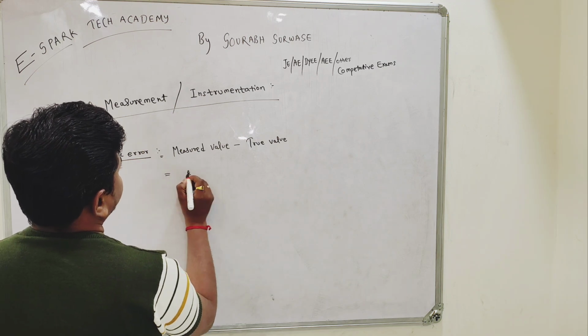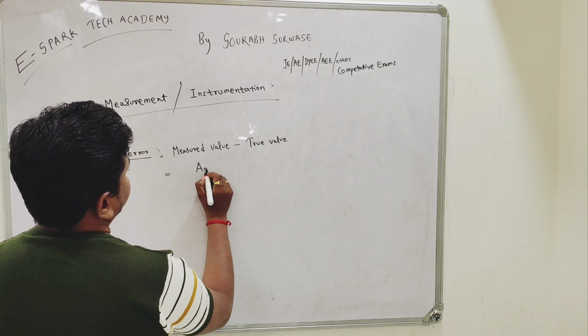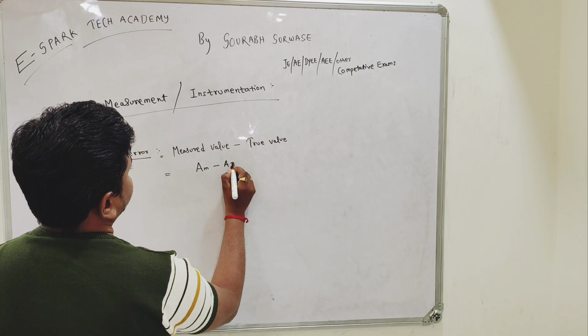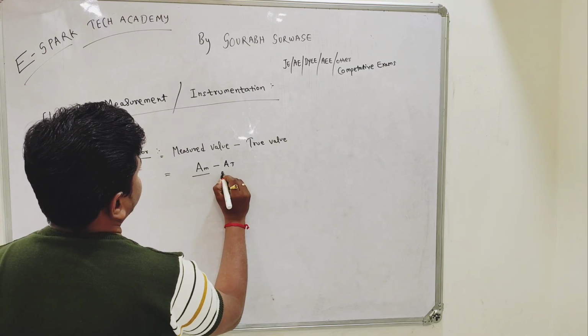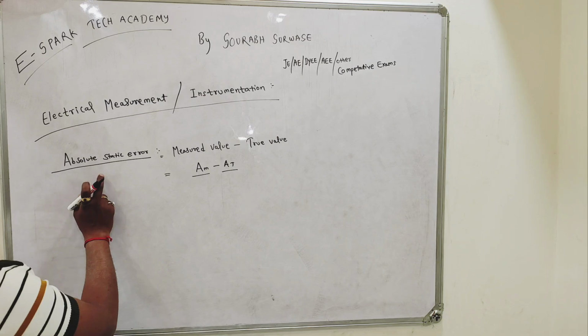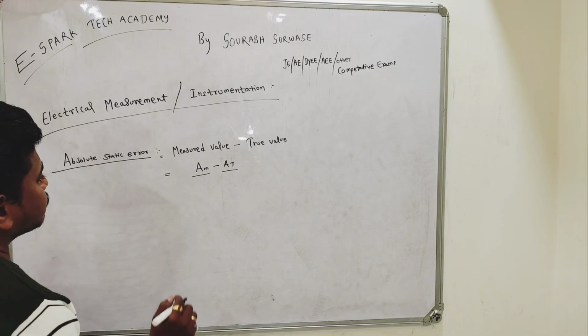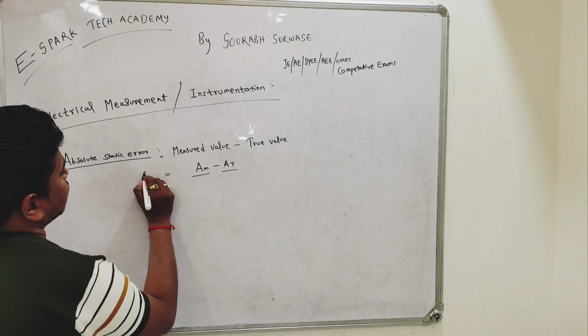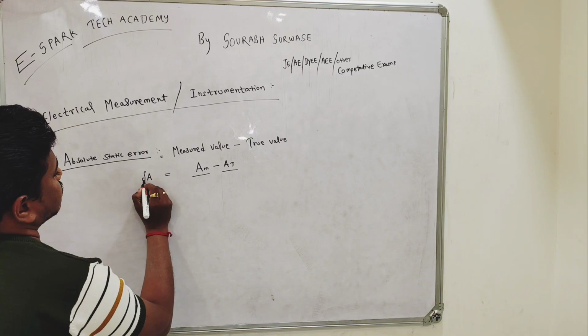In some books it will be written as AM minus AT. It is the measured value minus the true value of that instrument, and it will give you the static error. The error will be delta A, you can say.